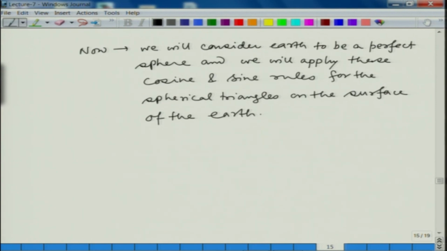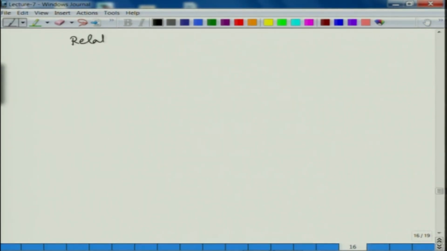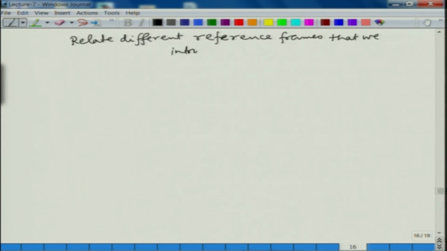So, we will see how we can apply it, but before that what we need to do, we need to explain, or we need to relate different reference frames that we introduced. Okay. We have introduced several of them, several reference frames.